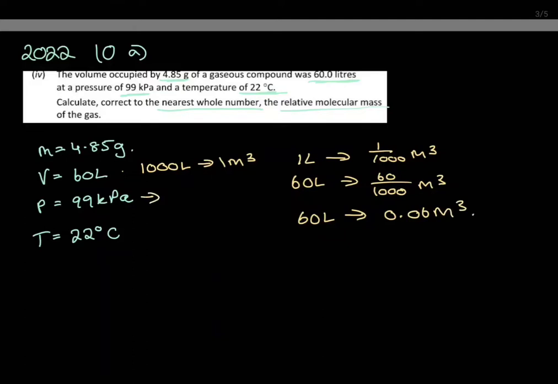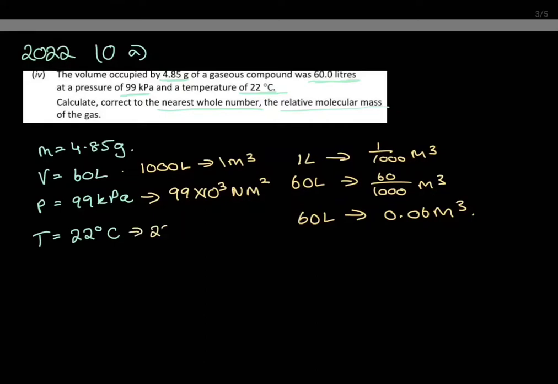Then 99 times 10 to the 3 pascals, or Newton per meter squared. I'm going to write in the Newton per meter squared instead. I think that reaffirms why you need the volume in meters as well, rather than saying pascals, but pascals is the exact same unit.